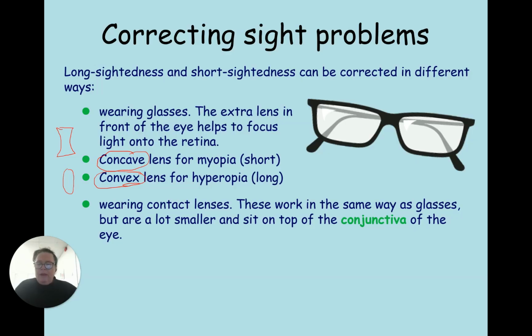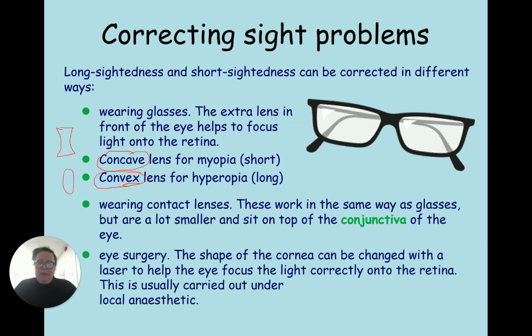So I've got the convex lenses because I'm long-sighted. Right, so this is how we can correct vision problems. There's also surgery these days where they can do something with your lens, I believe, and do a permanent solution, but it's not that common. You can pay to have it done. But for your exams, these are the four things that correct vision problems.